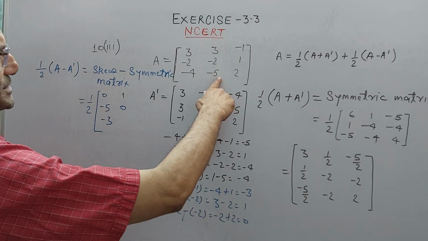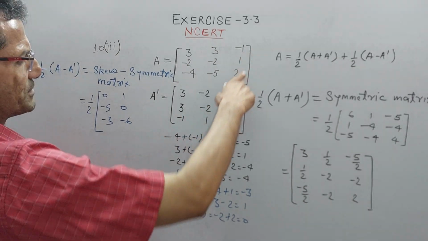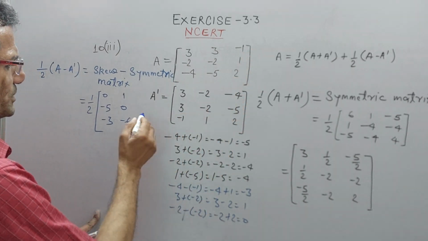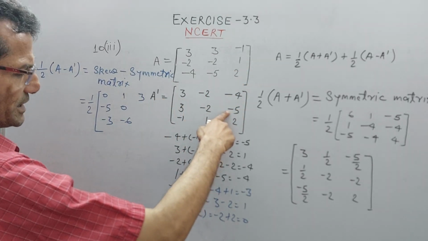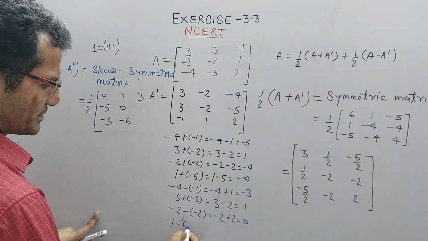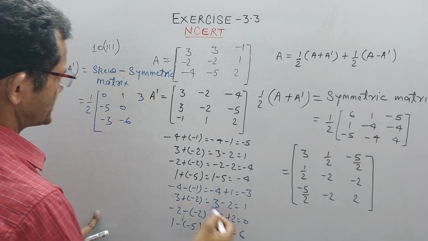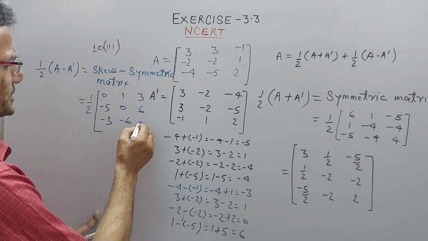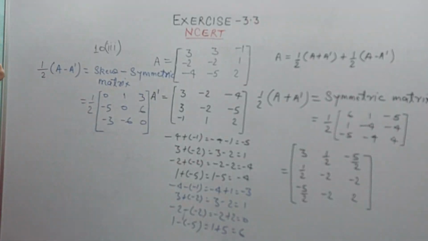And similarly minus 5 minus 1 is minus 6, and minus 1 plus minus 4, so minus 1 plus 4 will be 3, and 1 minus 5, it will be 1 plus 5, 1 plus 5 is 6, and 2 minus 2 will be 0. This is the last entry, and write in square bracket.